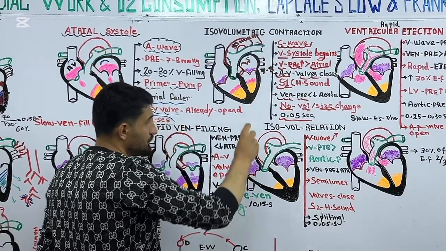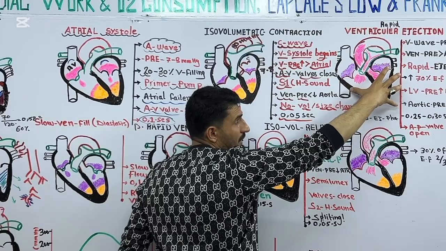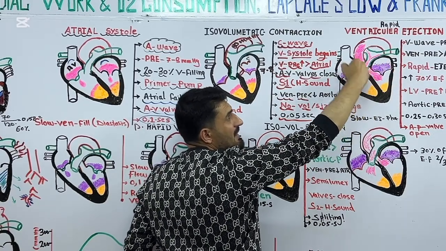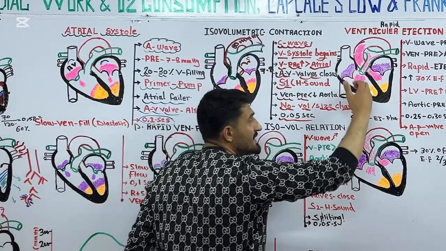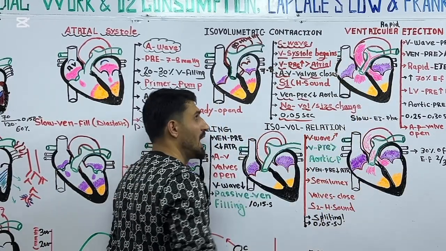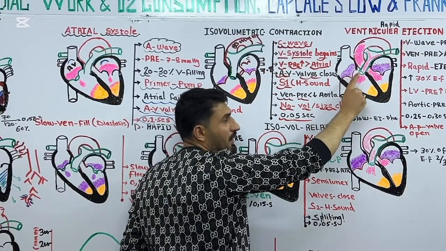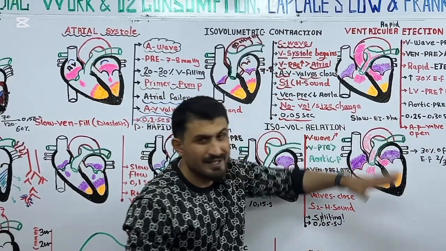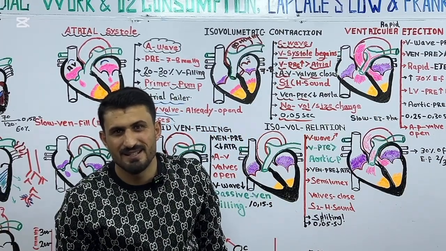Okay, so now in the next phase, when left ventricle pressure increases and crosses the pressure of aorta, this aortic valve and pulmonary valve will open, and now the heart ejects blood to the systemic circulation.